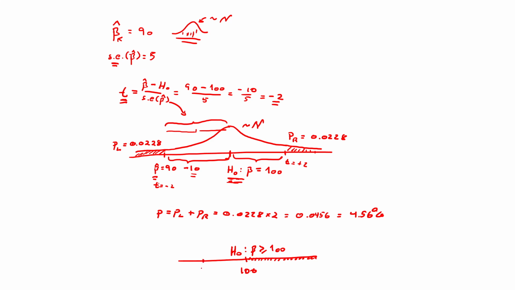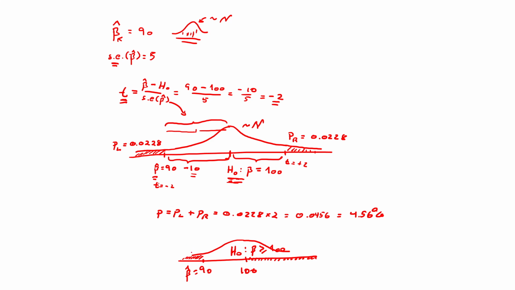So if you have 90 here, and this is your sample from your regression, then you could think of the exact same normal distribution, and here you would only care about the one-sided tail.